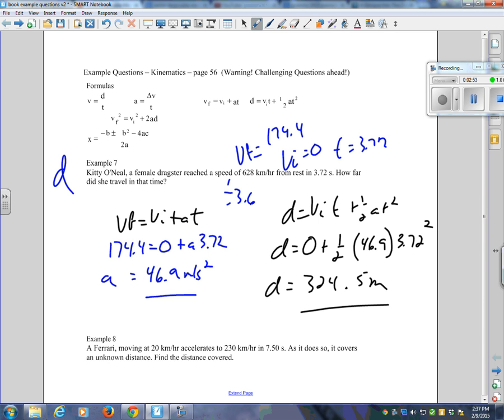Let me just check my notes here. Yeah. That's pretty standard, straightforward. I guess it's a 3-step question because of the divide by 3.6, right? Isn't it vit plus? Yep. But the initial velocity is 0, right? Oh, 0, yeah.